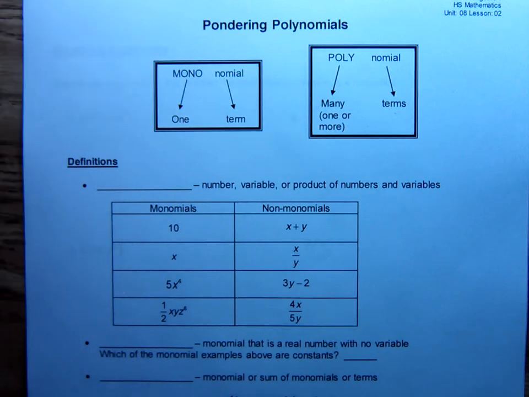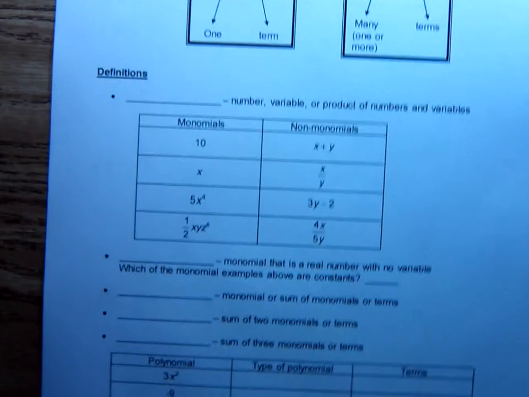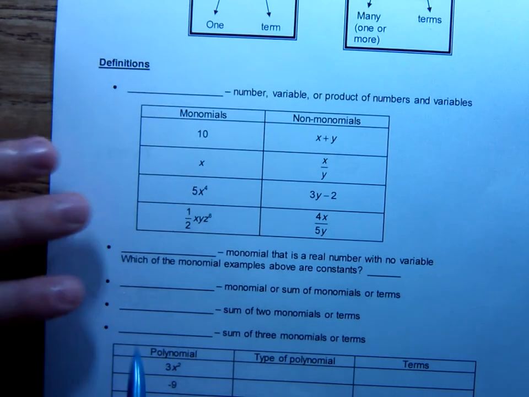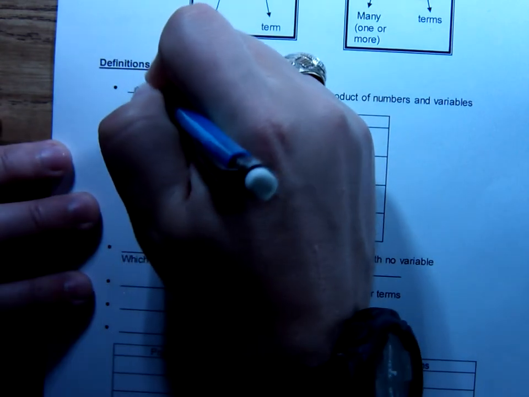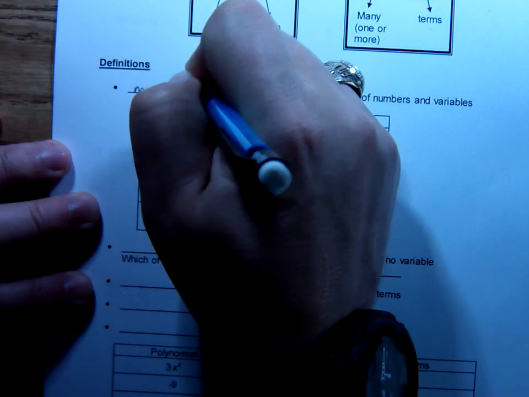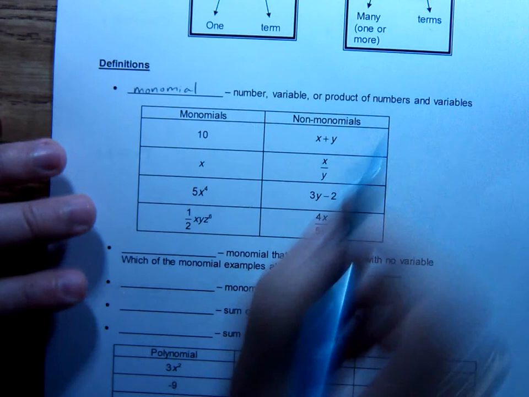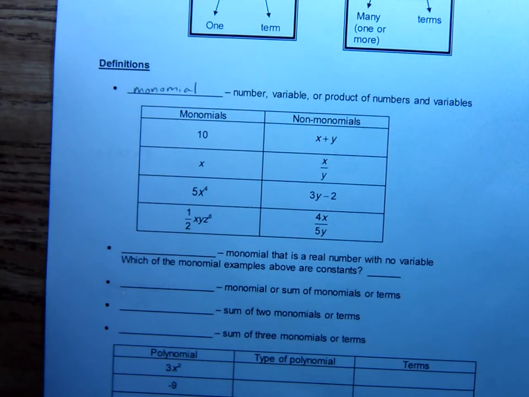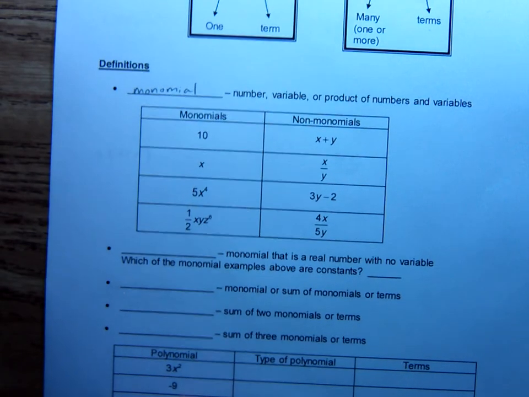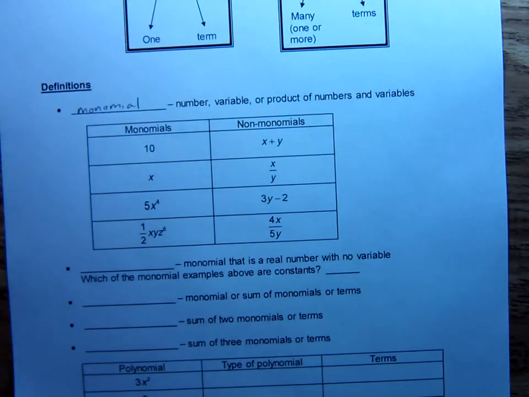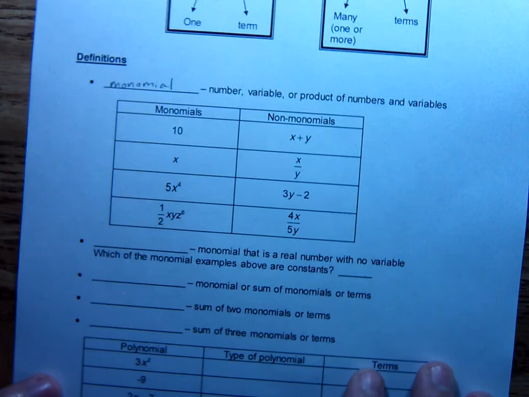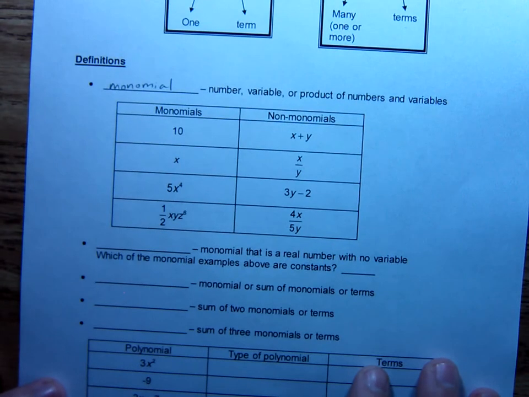All right. So let's go ahead and try to run through these. Again, a monomial is a number, variable, or a product of a number and variables. If you look at that table there, you can see several monomials.